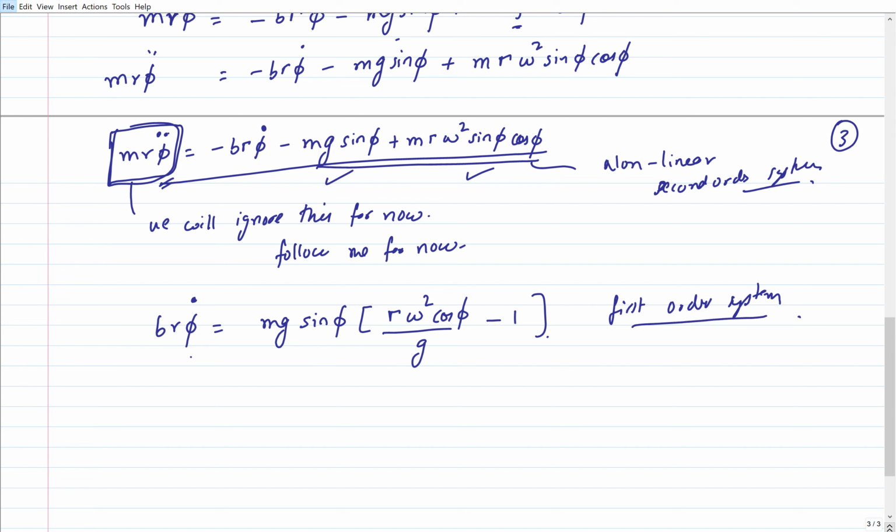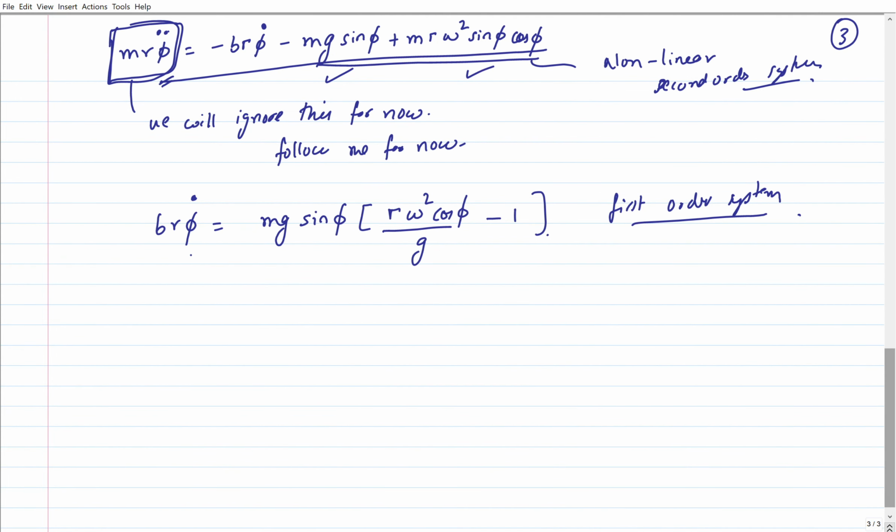And then what do I do? As usual, I try to find the fixed points. Certainly the fixed points occur at sine phi equals 0. That leads to the fixed point at 0 and the fixed point at pi.